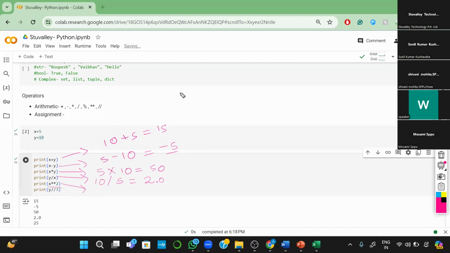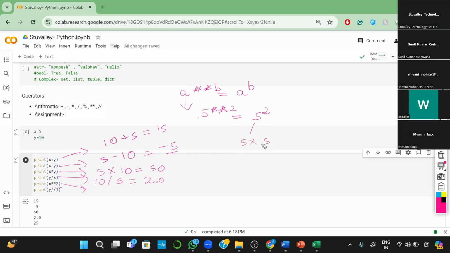X raised to the power 2. It's like this: A star star B. If it is written like this, what it means is you have to calculate A raised to the power B. In our case, instead of A, we have 5 star star 2. It means 5 raised to the power 2.